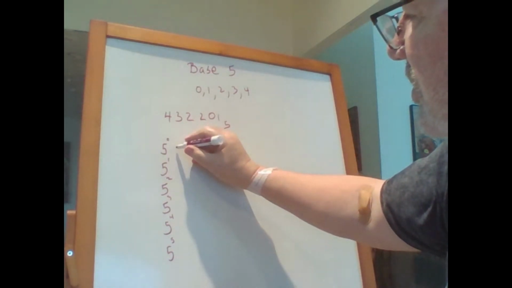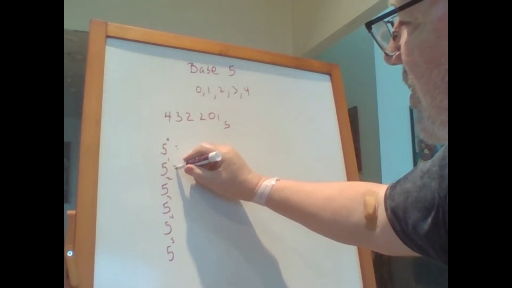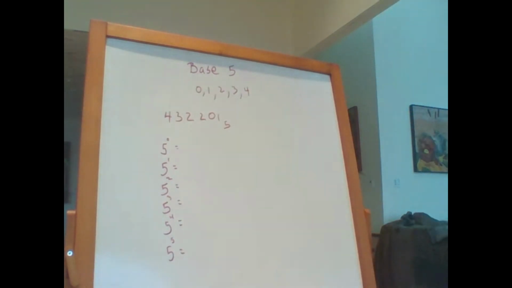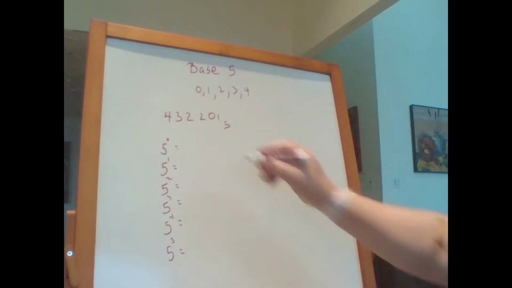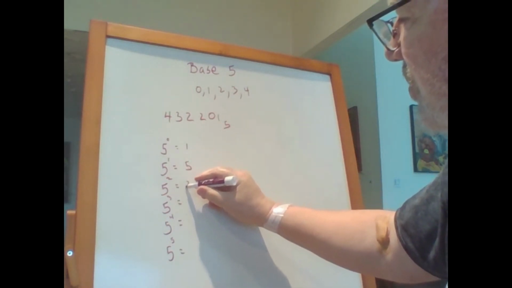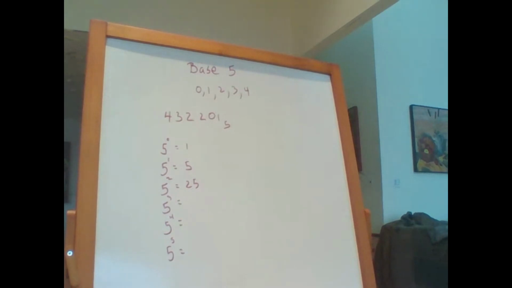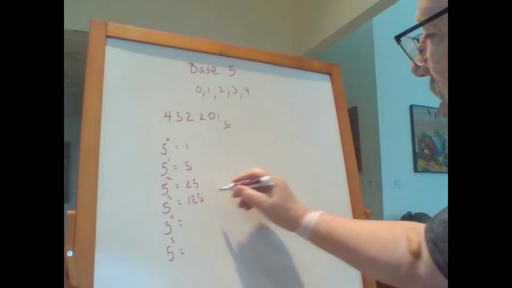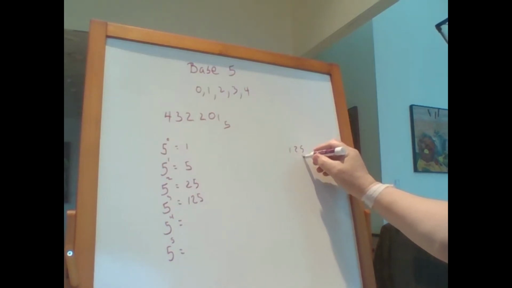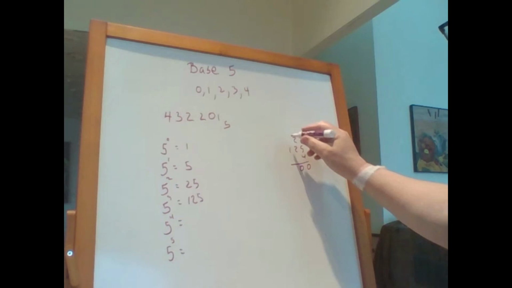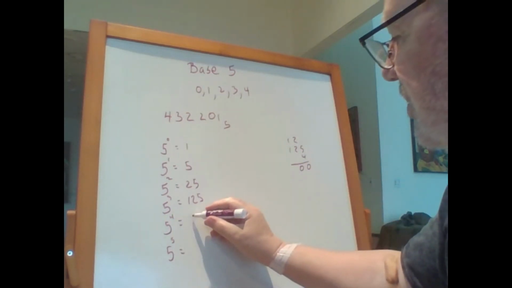And that's equal, all right, we can find that. That's 1. This is 5. This is 25. And that's 125.